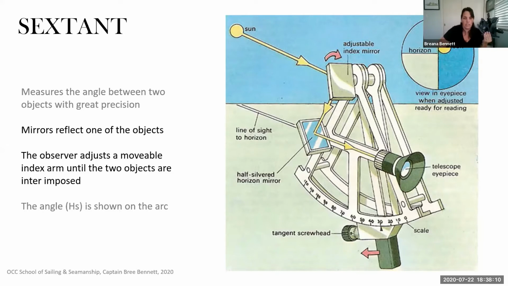So in order to measure those two points, we use the index mirror and then the horizon mirror. And then we can see through the telescope. And if we can see both things in the telescope, then we can see what they measure on the arc.